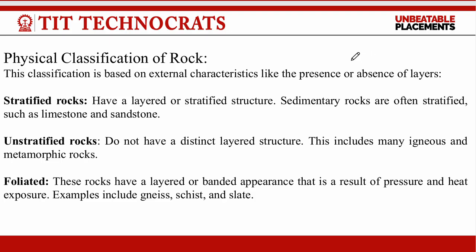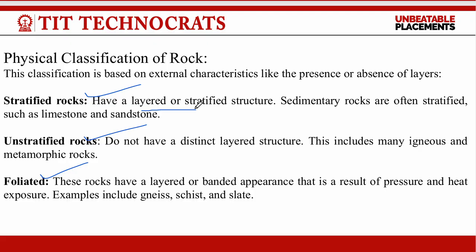The physical classification of rocks divides rocks into three groups, namely stratified, unstratified, and foliated. If we talk about stratified rocks, these stones are derived from sedimentary rocks.